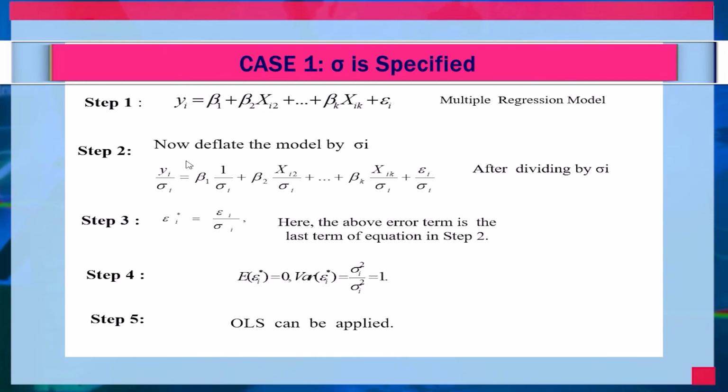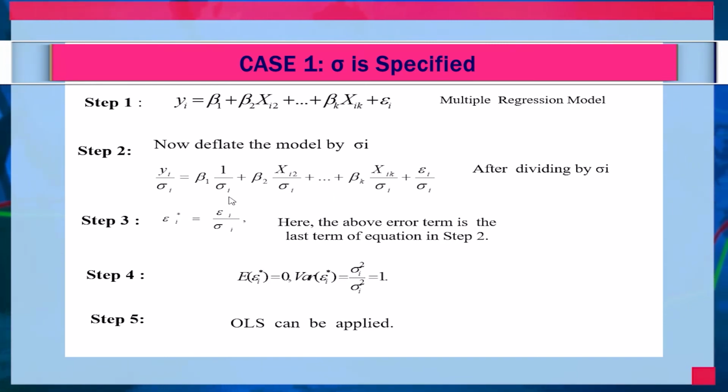Because we understand that sigma i is known, the problem is identified properly, it is specified. So we divide both the LHS and the RHS by sigma i. So we basically deflate the entire equation by sigma i.